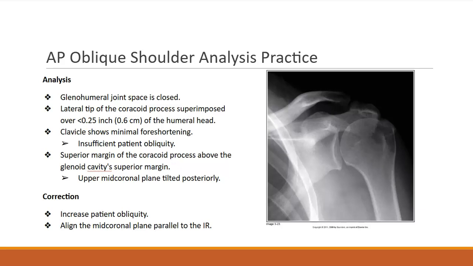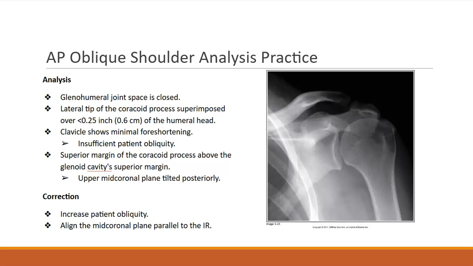In addition, there is a little bit of posterior mid-coronal plane tilt. If you take a look, the superior margin of the coracoid process is situated above the glenoid cavity superior margin, which again should indicate to you that there's a little bit of posterior plane tilt.